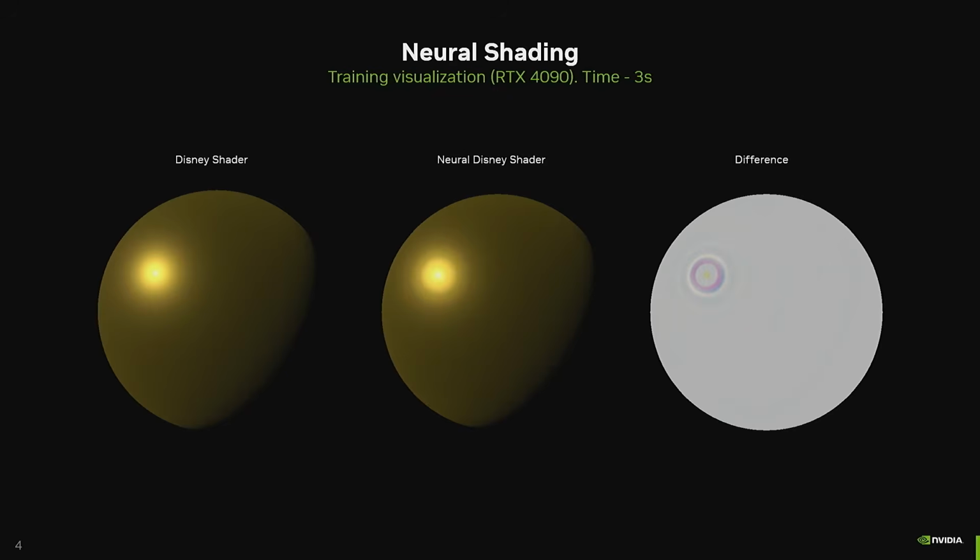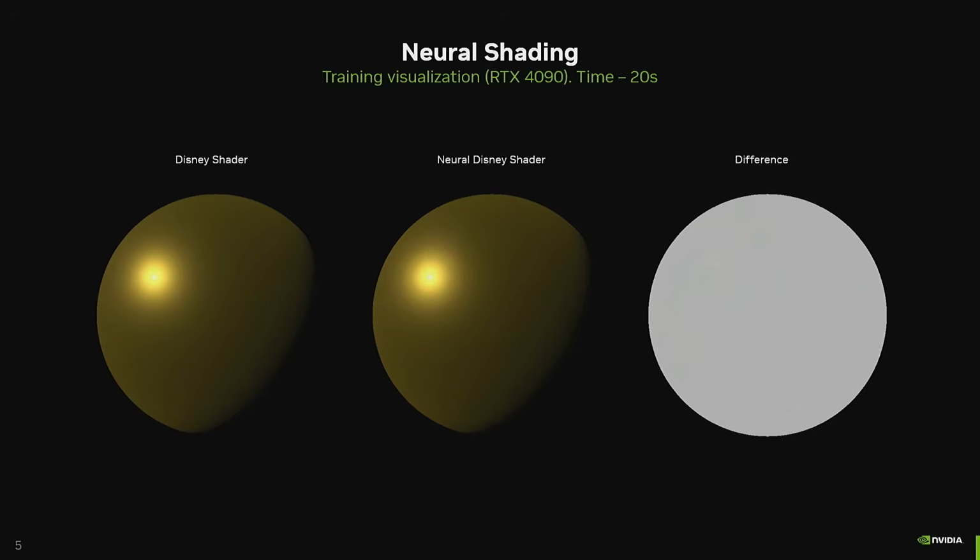You can probably see that there are differences because it's just 3 seconds into training on an RTX 4090. On the right, there is a color difference for different components of that shader, and you can see there is a significant difference at that point. After 20 seconds, it's almost identical. They look exactly the same.